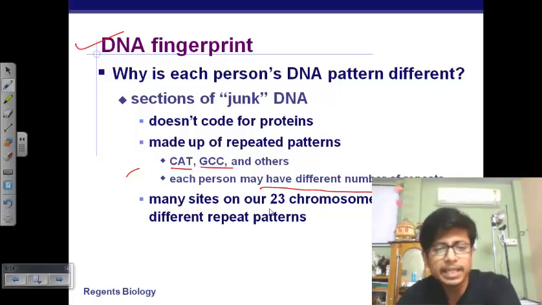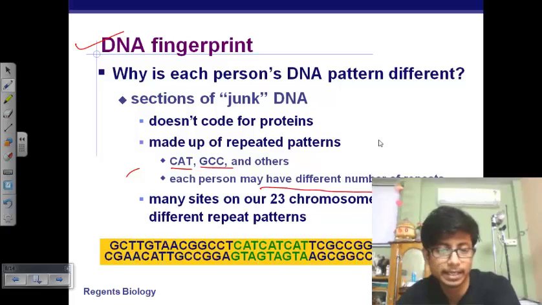So many sites on our 23 chromosomes with different repeat segments can be present. For example, let's say this is the DNA segment, and this green color is a repeat of CAT, CAT, CAT. Now this is repeated 3 times for individual A. For individual B, this repeat is 5 times. For individual C, the repeat is only 2 times, like that.